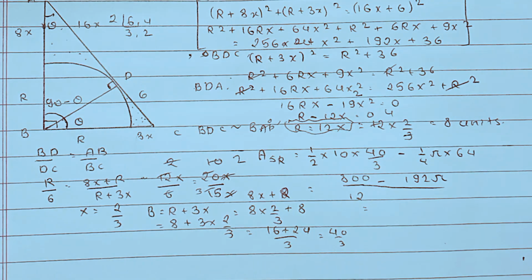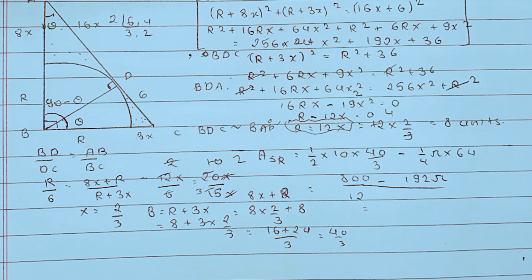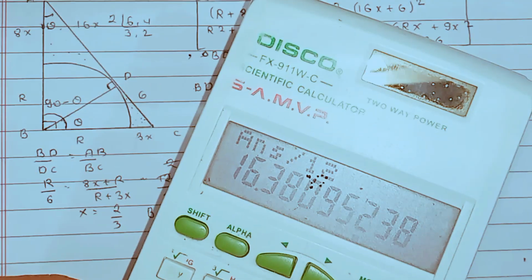So the required answer is (800 minus 192 into 22 divided by 7) divided by 12. So the required answer is 16.38.